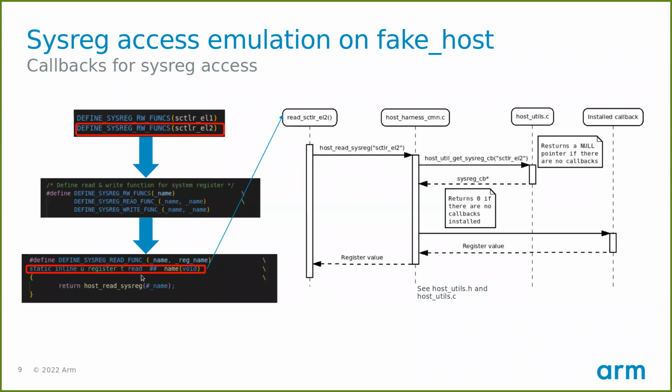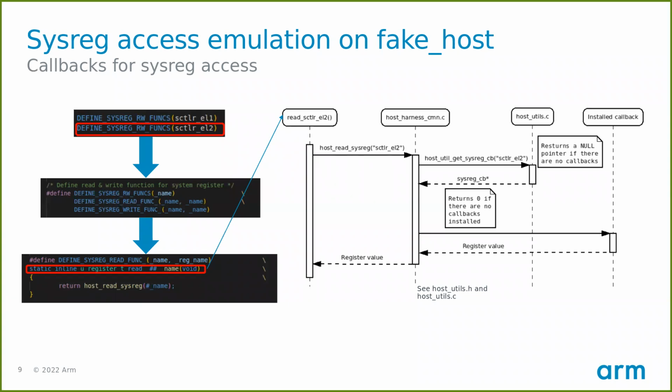They will actually create a different read SCTLR EL2, which will just use MRS instructions. It's implemented exactly the same as it is done on TF-A, if I'm not wrong. Oh, okay, all right. So this is all completely inside the FakeHost. Yeah, this is all inside the FakeHost.